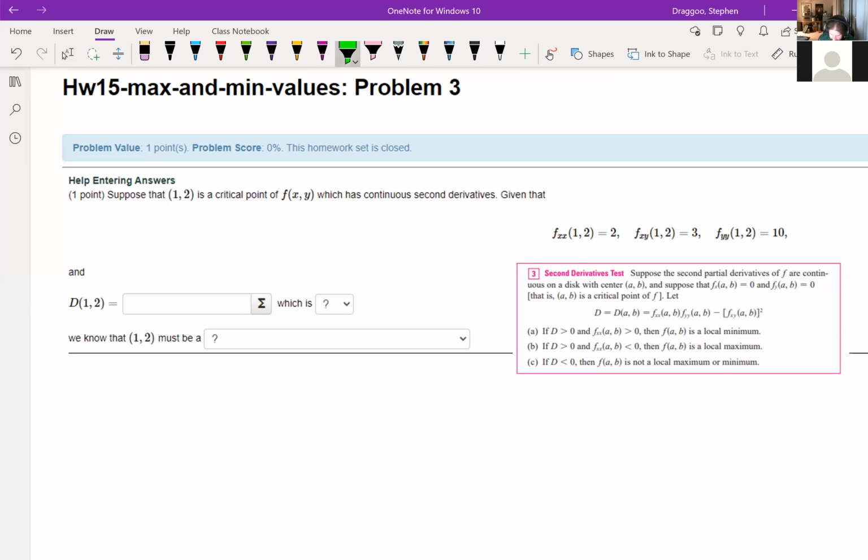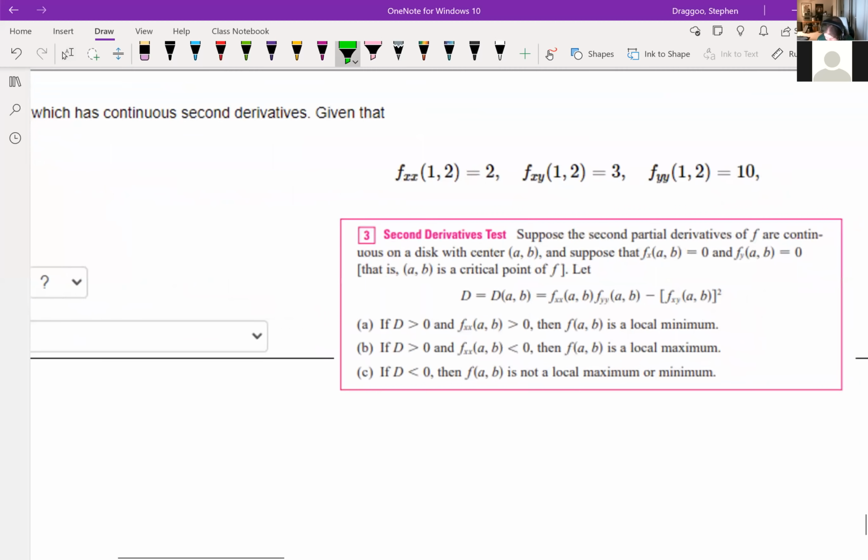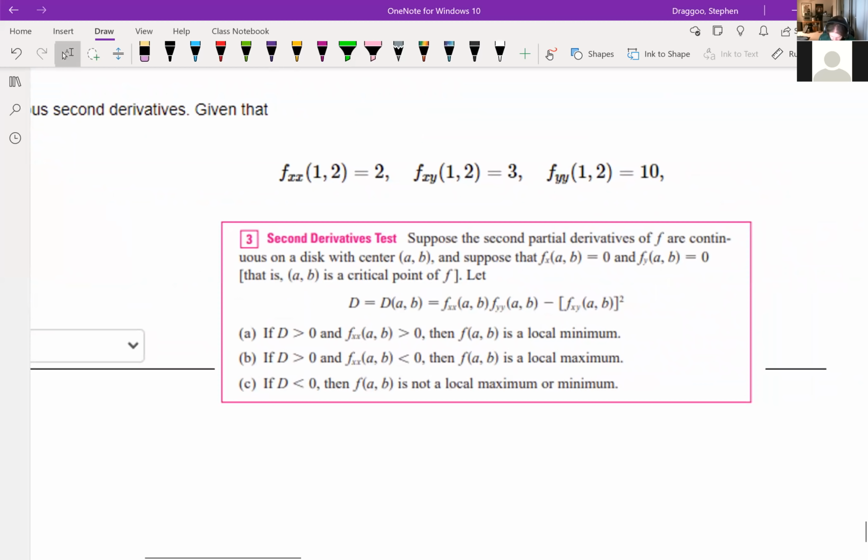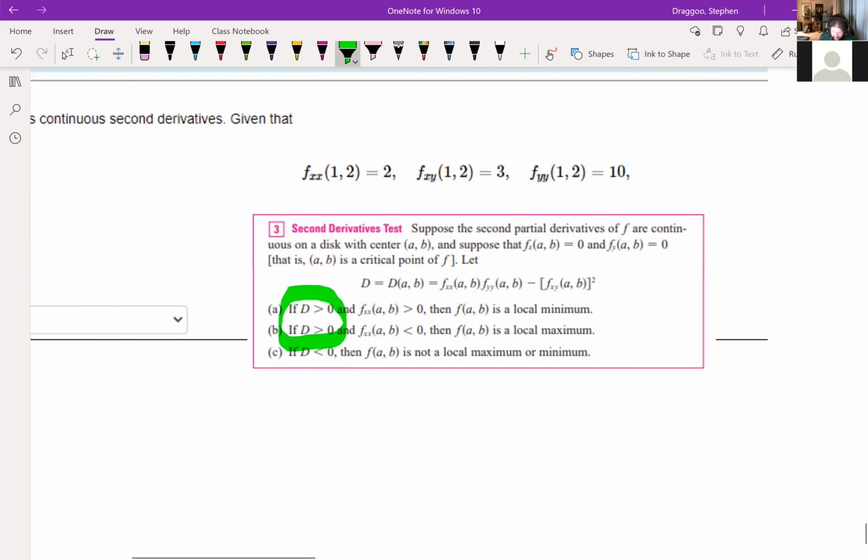So if we look at that second derivative test, the thing that we really care about over here is the sign of D. I want to look at whether D is positive or negative. If D is 0, it doesn't tell us anything. But if D comes out positive, then we're in business. So that's the first step. It's just checking to see if this thing is positive. If D is negative, then we know we have a saddle point.